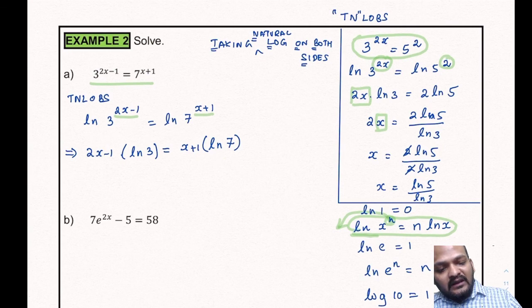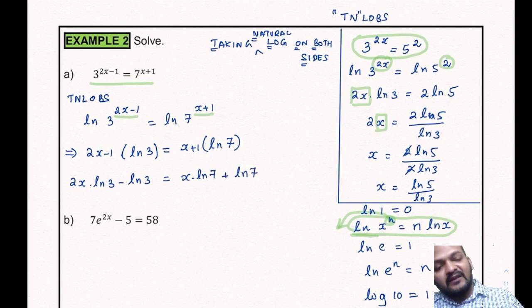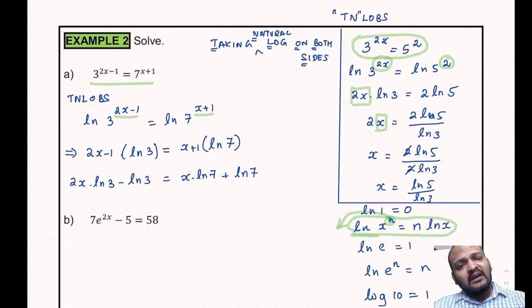When I do that, this is going to be 2x times ln of 3 minus ln of 3 equals x times ln of 7 plus 1 times ln of 7. Remember, ln of 7, ln of 3, they are all constants, so we are okay, right? We can treat them as numbers. All right, now what do we do?